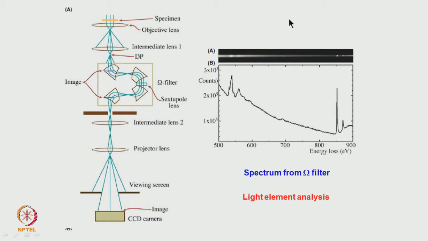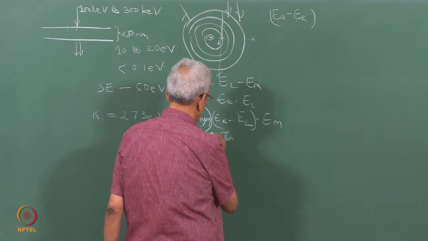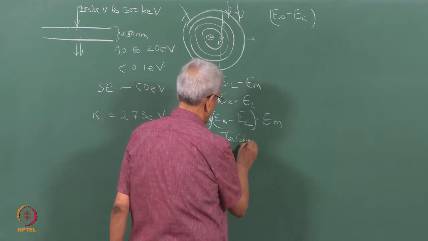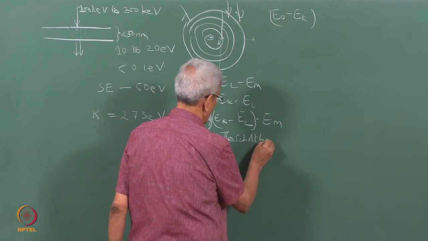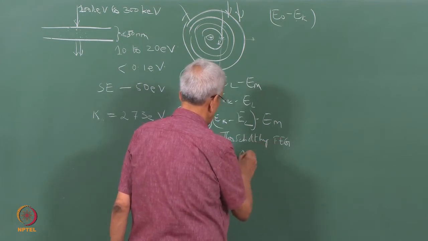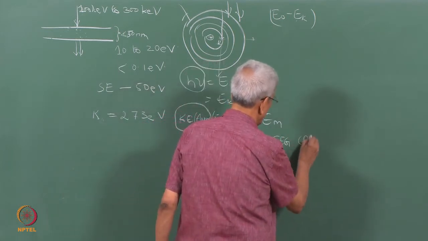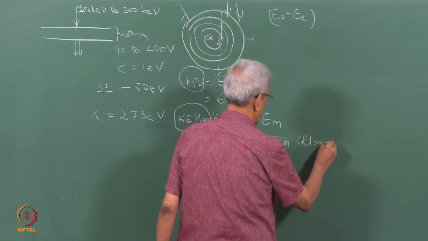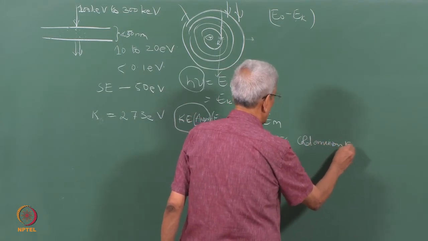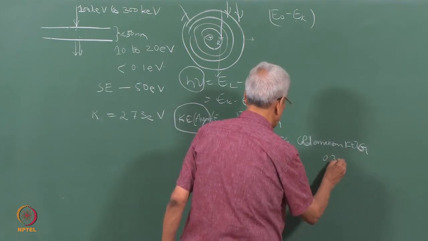And as we have talked about in an earlier class, for a Schottky FEG, the spread in energy is about 0.7 electron volt, and for a cold emission FEG, it is about 0.3 electron volt.